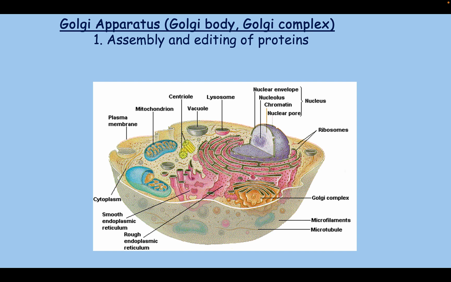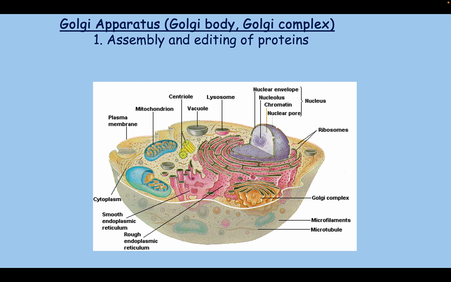The face of the Golgi apparatus that's closest to the plasma membrane is called the trans face. So cis is close to the nucleus, trans face is close to the plasma membrane.